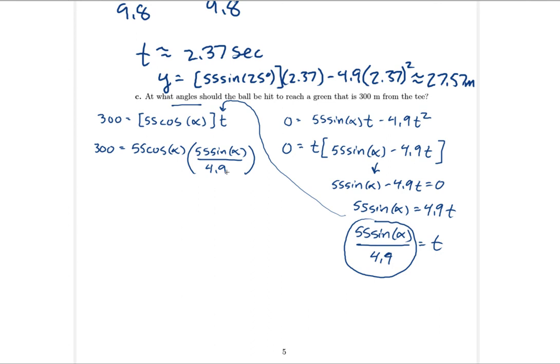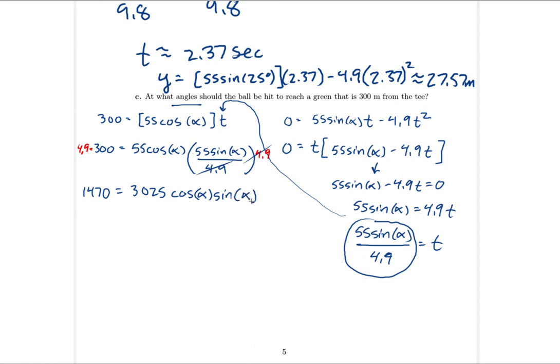Now if I multiply by 4.9 on both sides, then I end up with 1470. And then if I multiply 55 times 55, I get 3025 cosine alpha sine alpha.